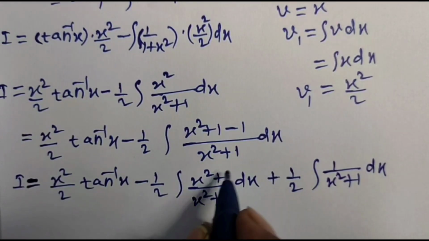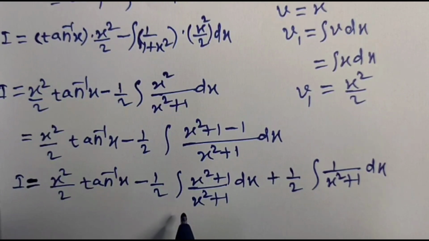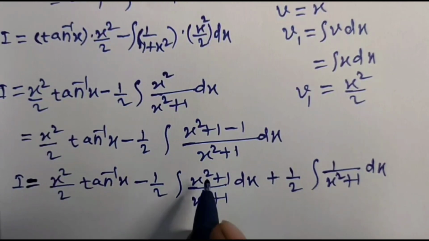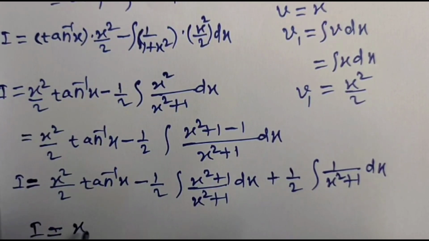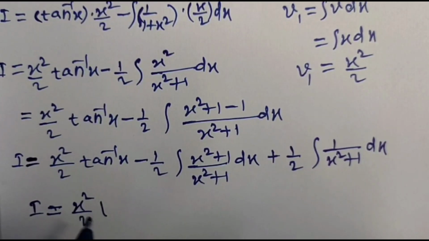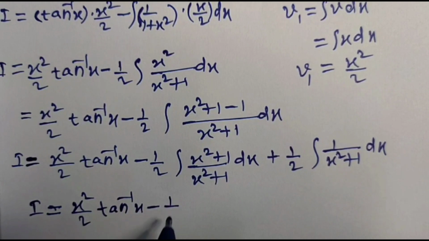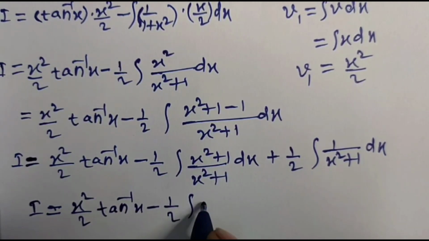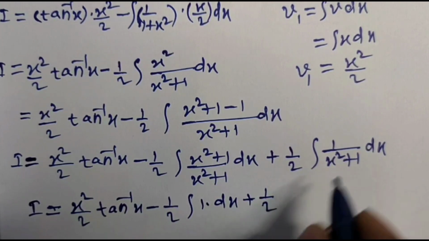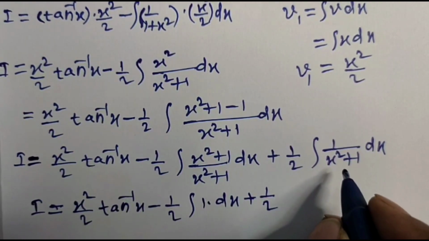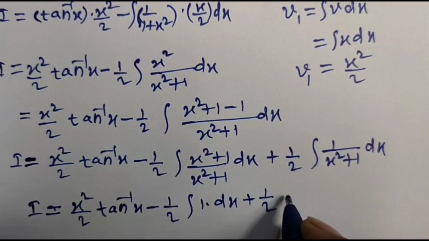So here x square plus 1 and this x square plus 1 gets cancelled, remains 1 into dx. So I is equal to x square upon 2 tan inverse x minus 1 upon 2 integral of 1 with respect to x plus 1 upon 2 integral of 1 upon x square plus 1 is what? Tan inverse x. This is x.